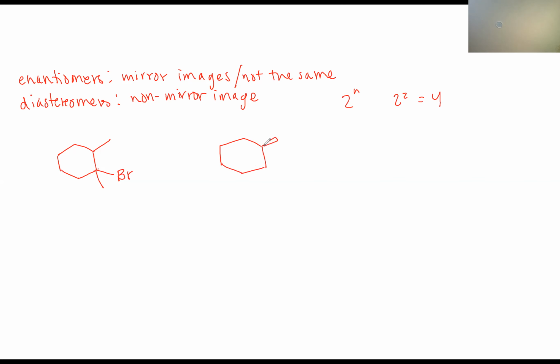So one possibility, let's draw 2 where the methyl group is up. And then we're going to have 2 where the methyl group is down.